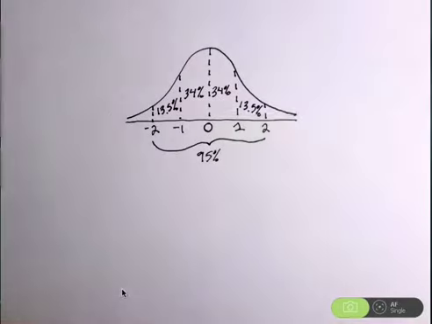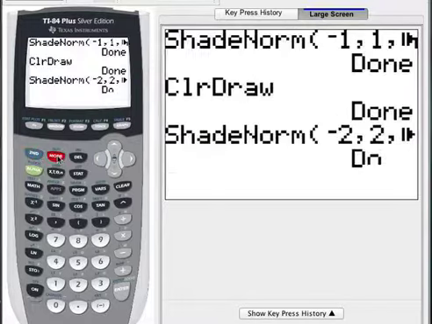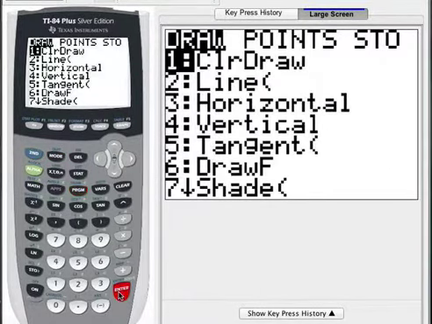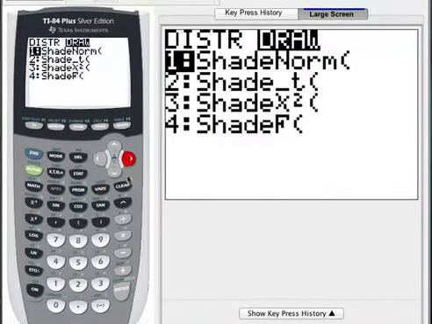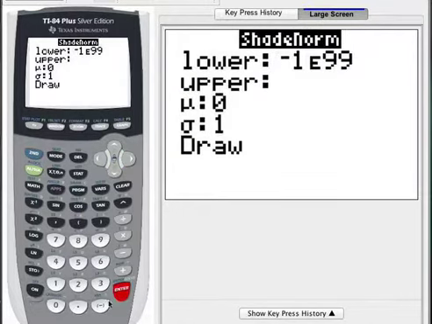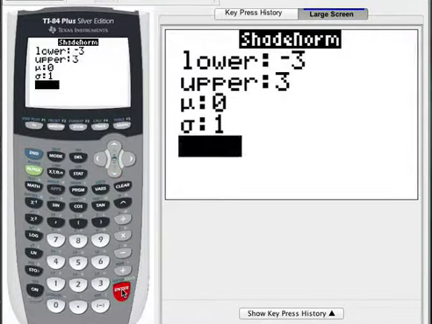So within 3 standard deviations above and below the mean, recognize that we don't account for all of the normal distribution, but we account for quite a bit of it. 99.7% of normally distributed data will be within 3 standard deviations above or below the mean. So we can confirm that here.